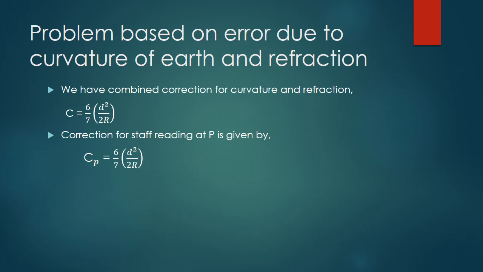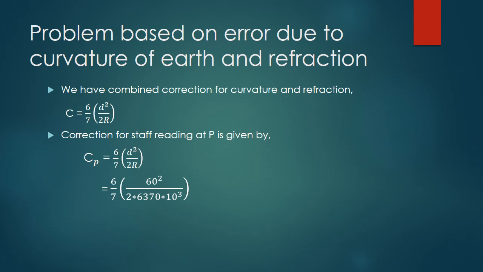For station P, Cp equals 6 by 7 times d square by twice r, where the value of d is 60, that is the distance between the instrument and the station, divided by 2 into 6370 into 10 to the power 3. I multiplied by 10 to the power 3 to convert into meters, because the radius of the earth is approximately 6370 kilometers.